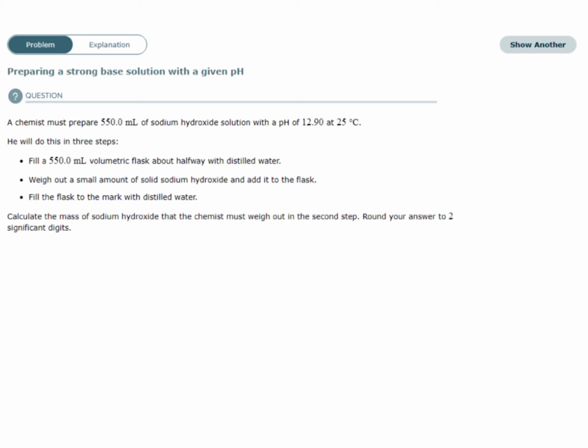Calculate the mass of sodium hydroxide that the chemist must weigh out and round our final answer to 2 significant figures. Again, we want to try not to get overwhelmed with the unnecessary information and just focus on what we actually need. So let's start off with a balanced chemical equation. Sodium hydroxide is a strong base, so when I dissolve it in water, it will dissociate completely into its cation and hydroxide.